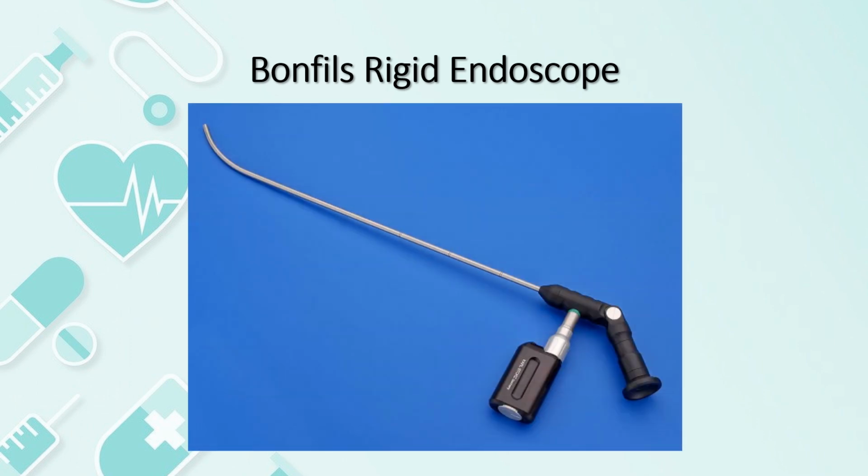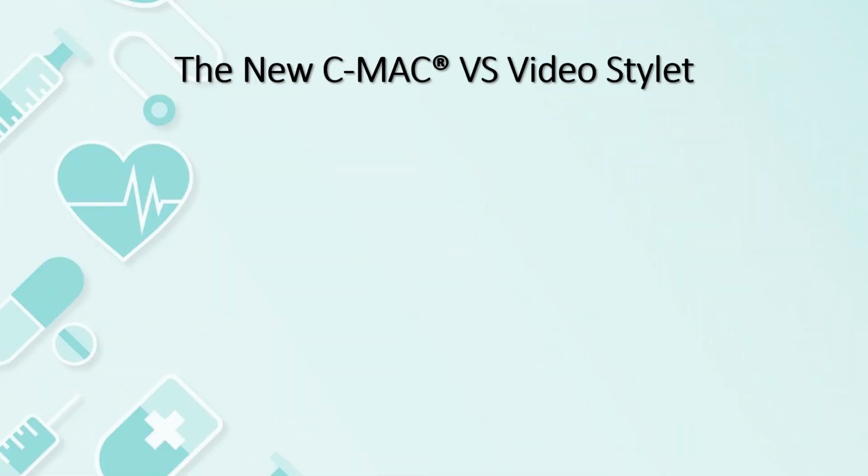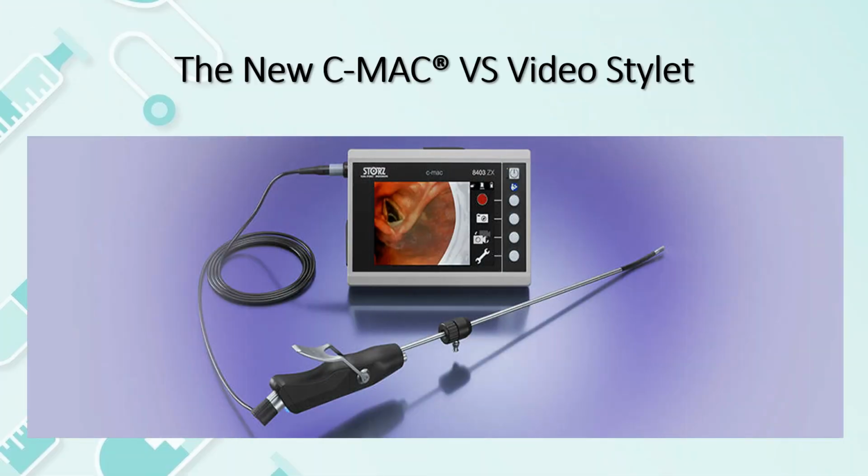The Bonfils rigid endoscope is another one. The new CMAC video stylet, which is the most recent one, is a straight stylet, but the tip can be flexed and moved by a handle at the proximal end.